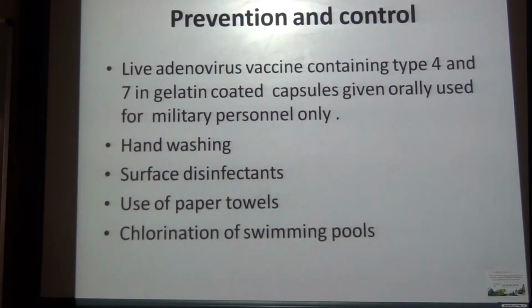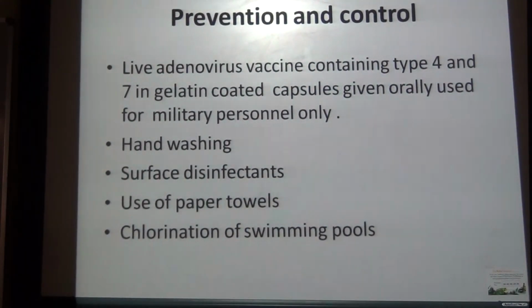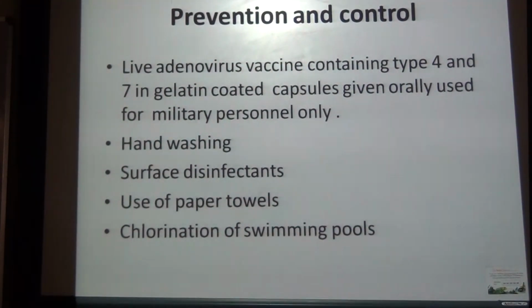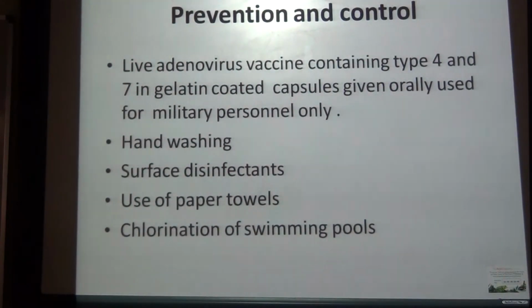Now we come to the prevention and control. Since there is no antiviral treatment, the infection can only be prevented, and there is no vaccine for the masses. Only a vaccine has been developed which is used for military personnel in the United States.